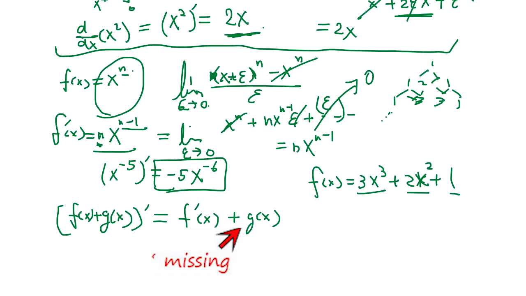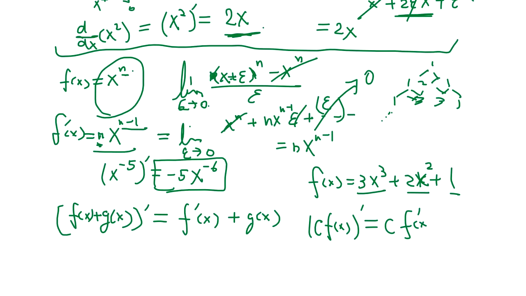Also if you have a constant times f(x), the derivative is going to be the constant times the derivative of f(x). So the constant stays there. And the derivative of a constant is going to be 0.